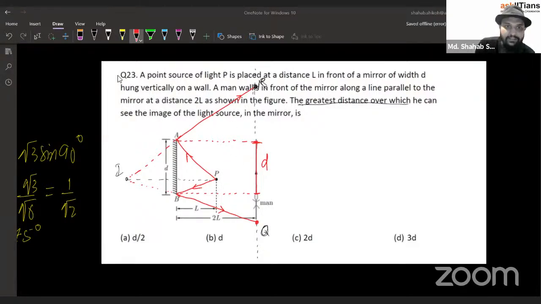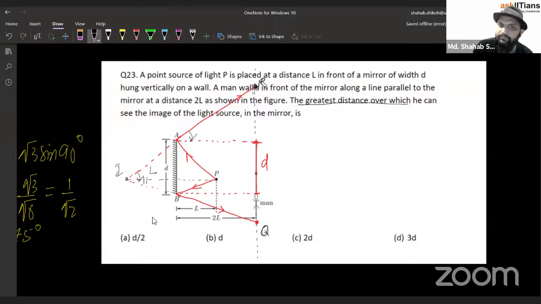Okay. Look at this. This object is at a distance L, so this is also L. That's fine, not a problem. L distance in front of the mirror. Look at this angle, and look at this angle.